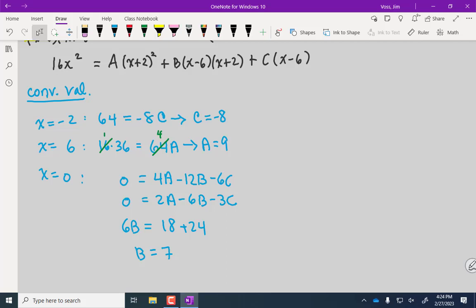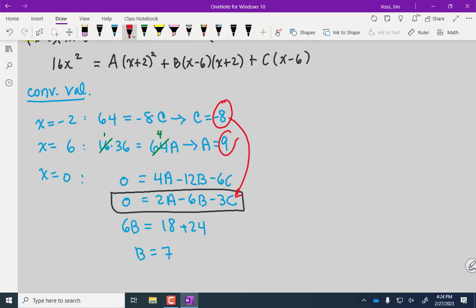So we need a third equation, found by plugging in whatever x value you want. I chose x equals 0, plugging in 0 for all those x's, and that gives this equation. Then we grab the negative 8 for C and the 9 for A and plug them in right there. Does that make sense?